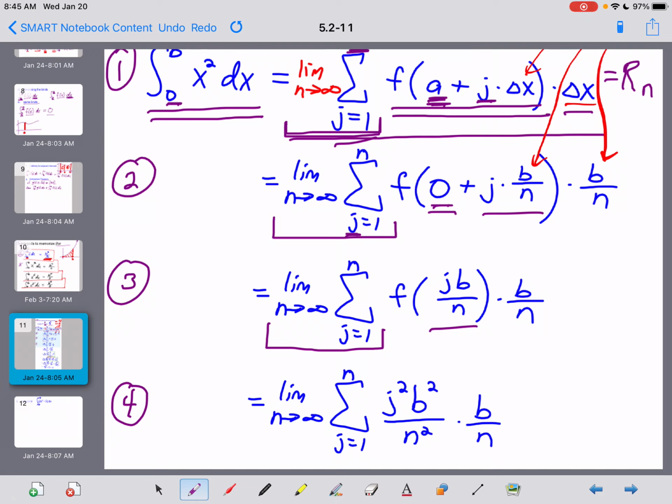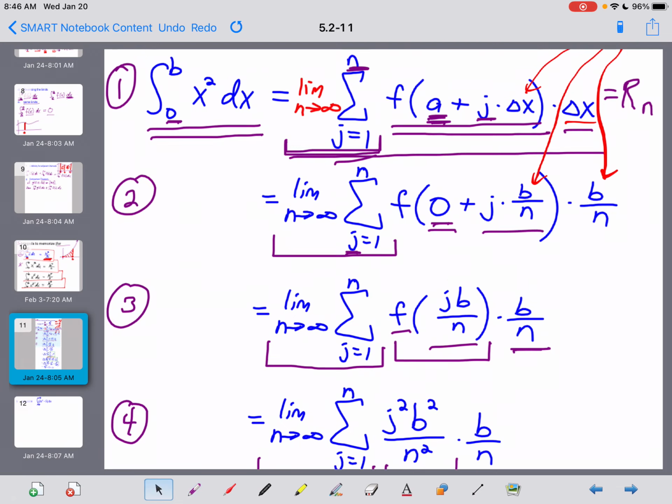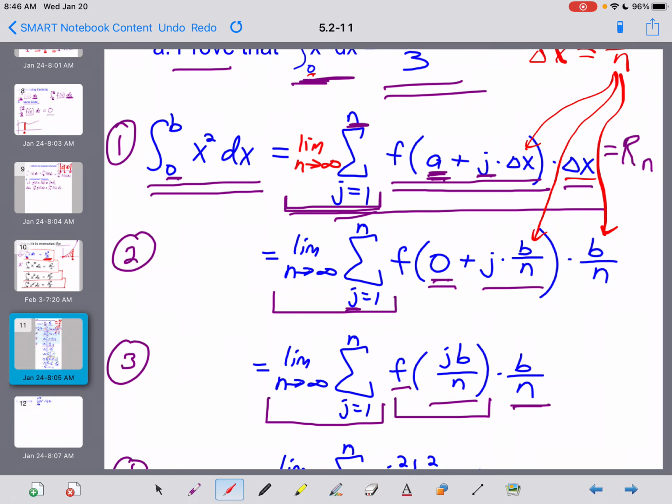So let's move from step 3 to 4, all right? The limit as n approaches infinity of the summation, so the infinite sum stays the same. Now, what else is the same? The b over n at the end is the same, but this little part right here has been replaced. F of jb over n has been replaced by this. Well, let's remember, guys, f is just our function in this problem, and the function right here is y equals x squared.